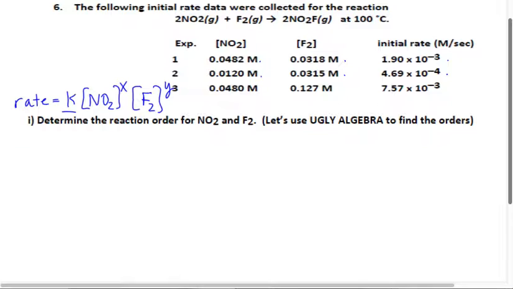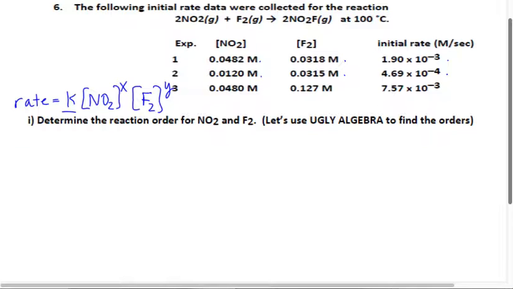This was the first step. Second step, pick 2 experiments where the concentrations of at least 1 were held constant. Which ones do you want to do? 1 and 2. Okay, so the big picture is we're plugging in the variables for each experiment and dividing one by the other. That'll make more sense when you actually see me do it.